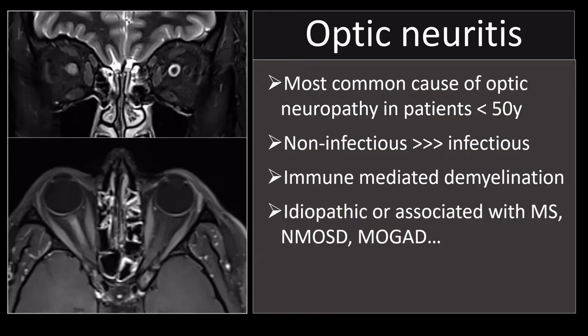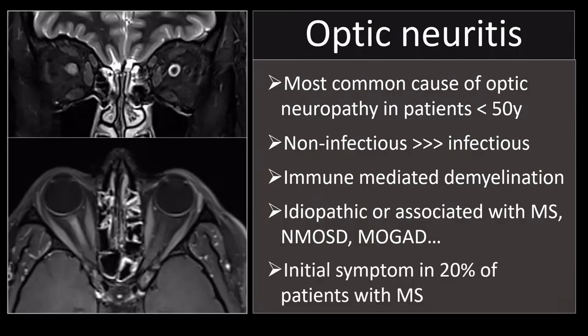And that can be idiopathic, can stand on its own, but it can also be associated with certain demyelinating diseases like multiple sclerosis, neuromyelitis optica spectrum disorder, or MOGAD, MOG antibody-related disease. The typical association is with multiple sclerosis, and an optic neuritis is the initial symptom in 20% of patients with multiple sclerosis.